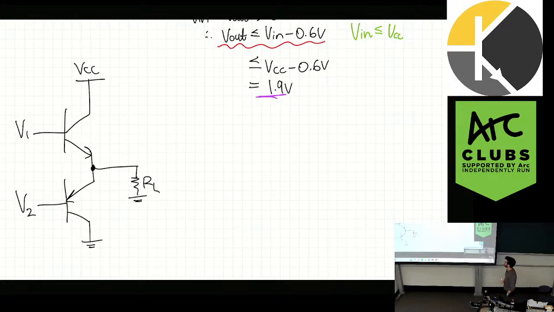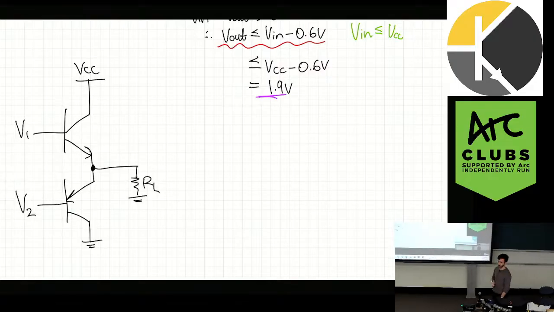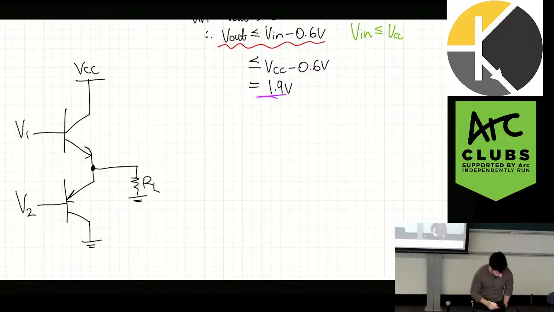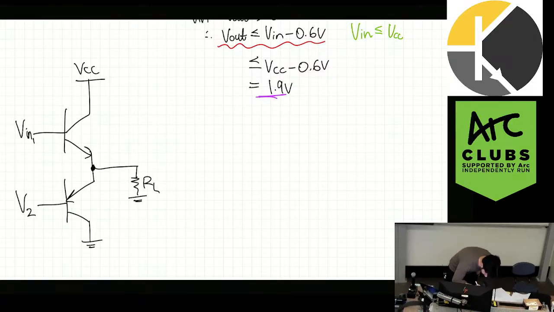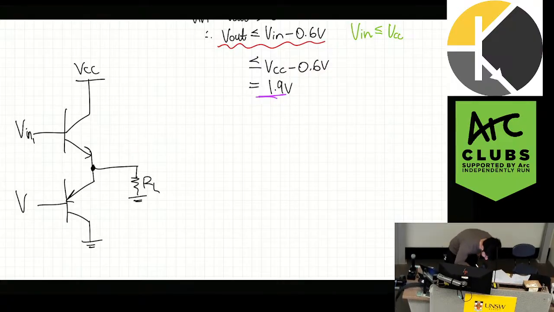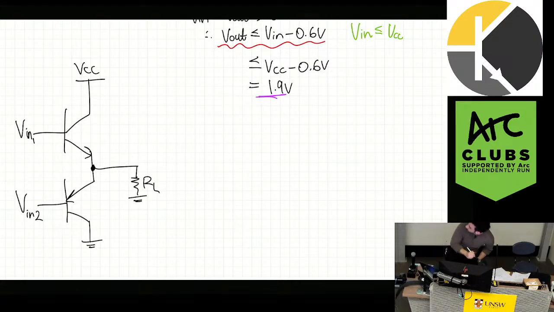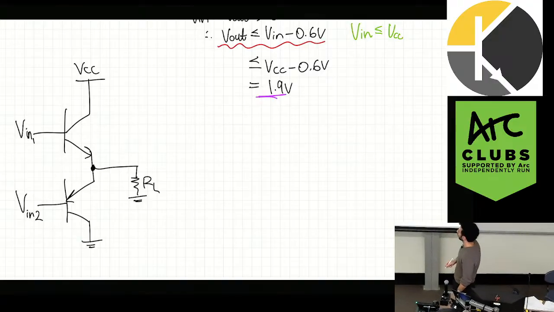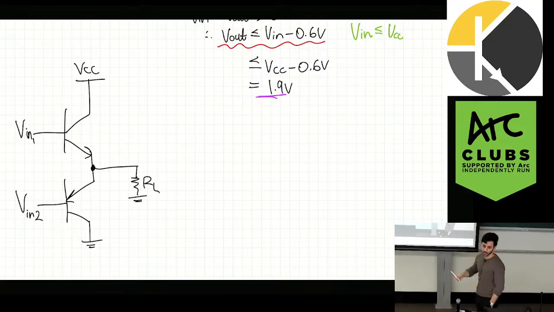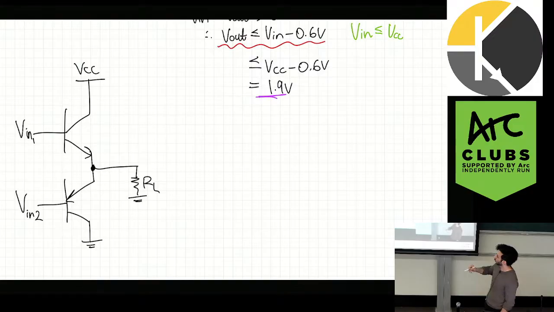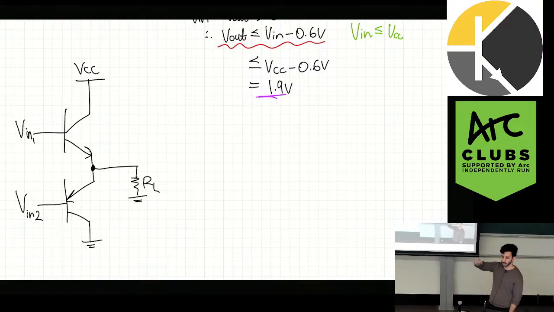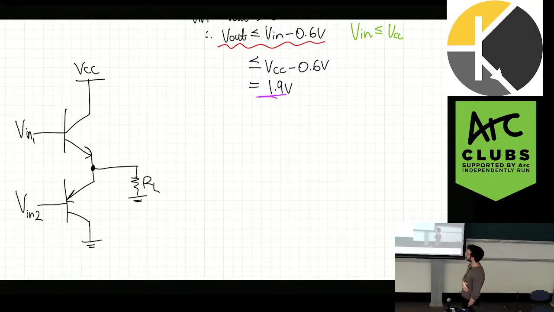Now the clear difference is that rather than just having a base voltage, you now have two input voltages, Vin1 and Vin2. So the bottom transistor is no longer a current source, it's an actual power transistor. One of the transistors handles the positive portion, one of them handles the negative portion. And we can assume it's being biased to be Class AB.